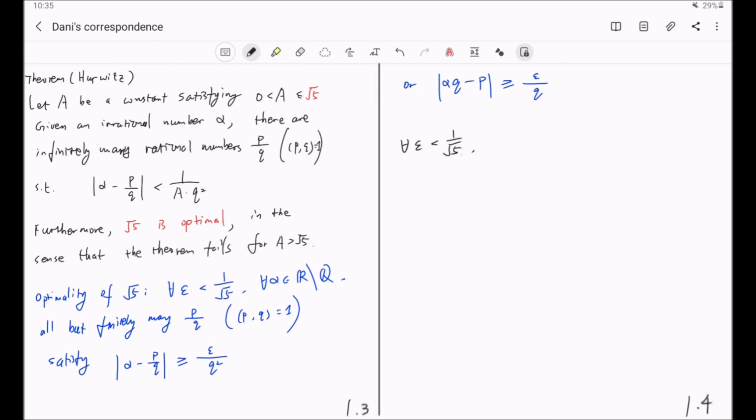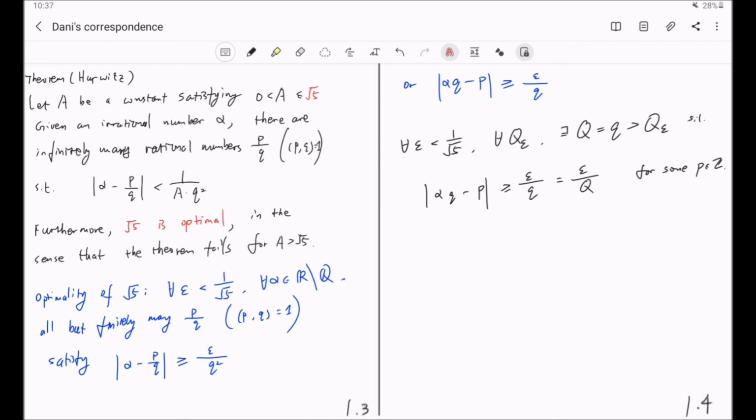For any epsilon less than 1 over square root of 5, and any q sub epsilon, a real number, there exists a capital Q, which is taken just to be a little q, greater than q epsilon, such that the absolute value of Aq minus p is greater or equal to epsilon over Q, which is epsilon over capital Q, for some p in Z. And this follows from the optimality of square root of 5.